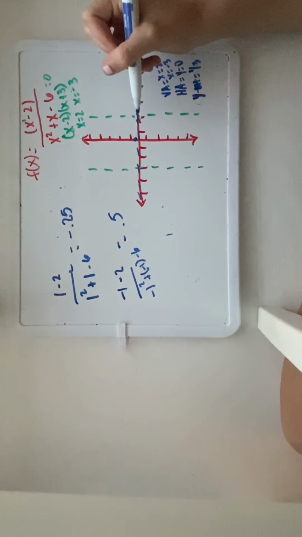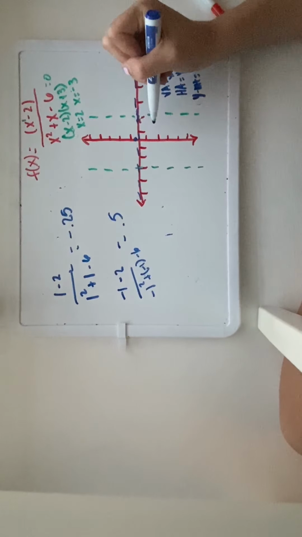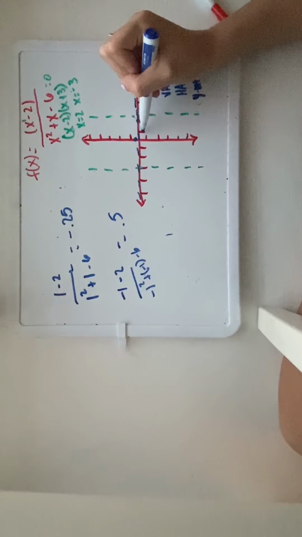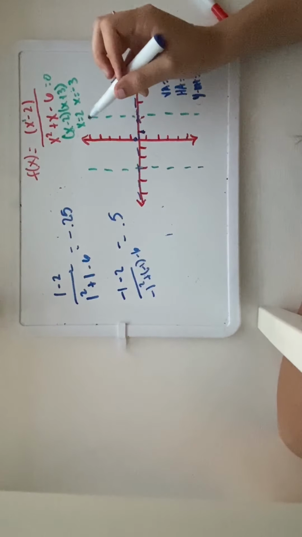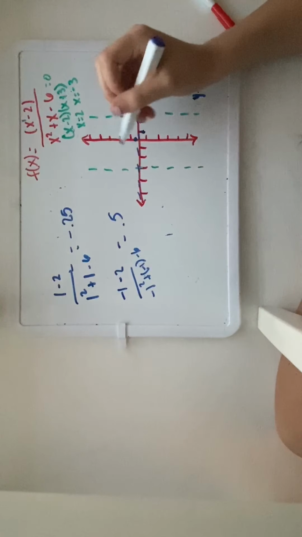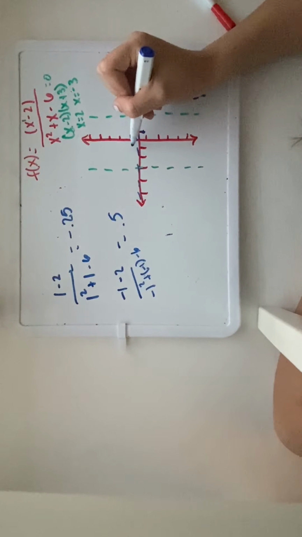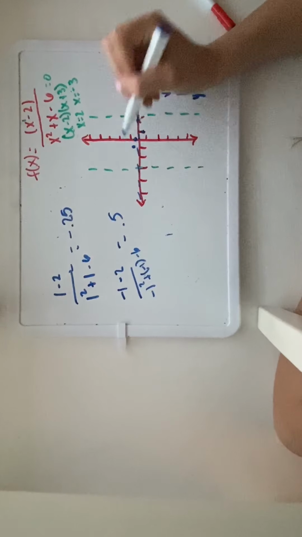So for 1, we have -0.25, and for -1, we have 0.5.